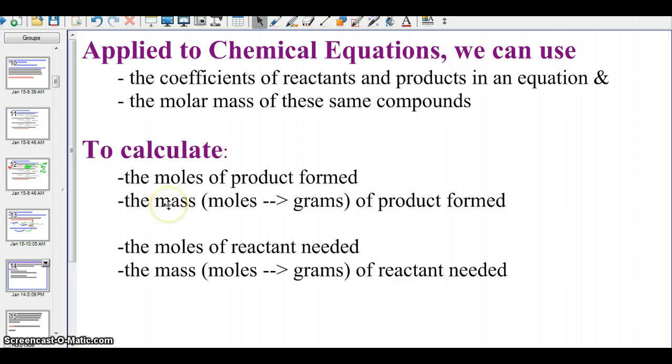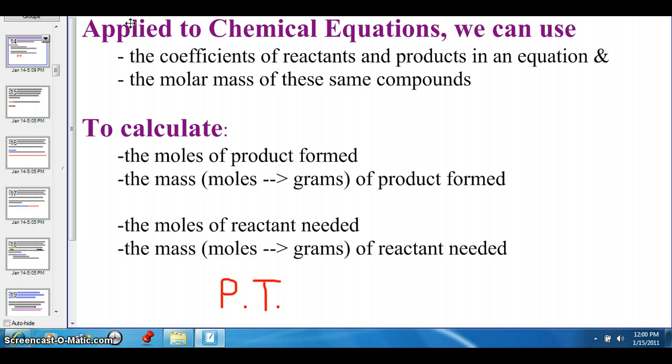But if we need to know the mass or grams of a product formed or the mass in grams of a reactant needed, then we've got to go from moles to grams. And what do we consult? If we're going from moles to grams or grams to moles, you got it, the periodic table. We've got to look up the mass of each of the elements in the compound in order to find the molar mass.